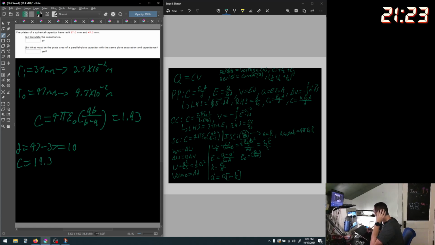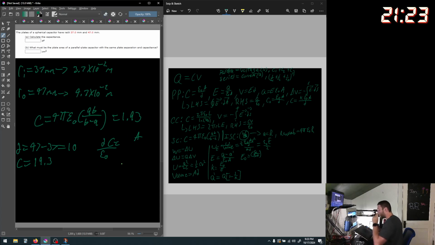And for a parallel plate, C equals epsilon 0 A over D. So CD equals epsilon 0 A. Divide this by epsilon 0.